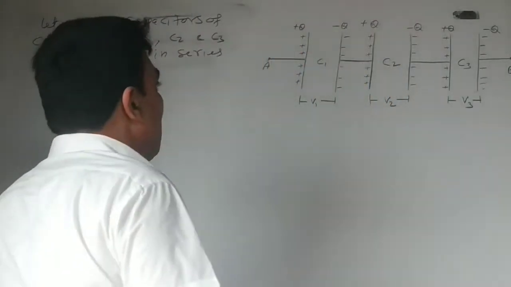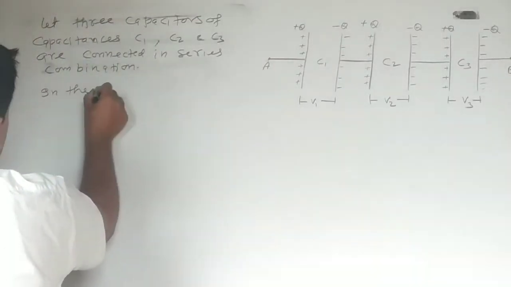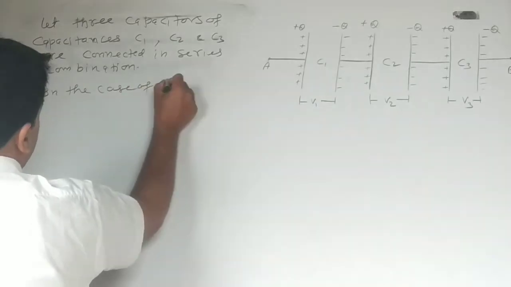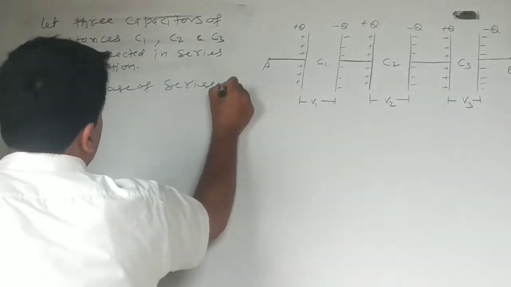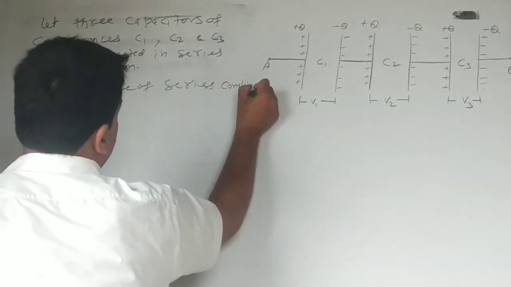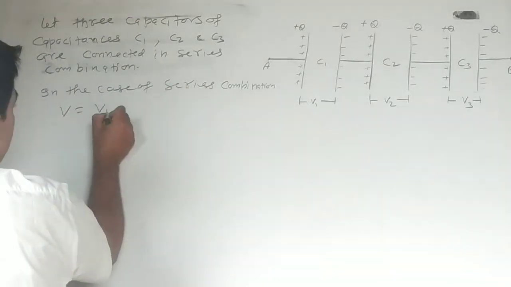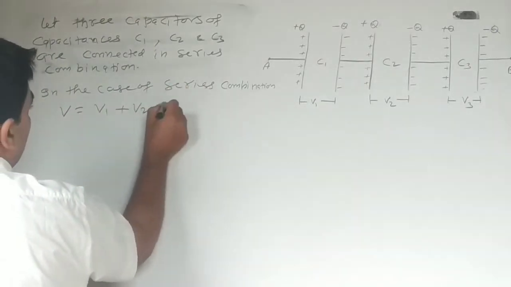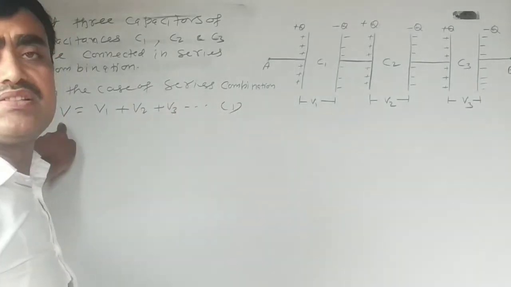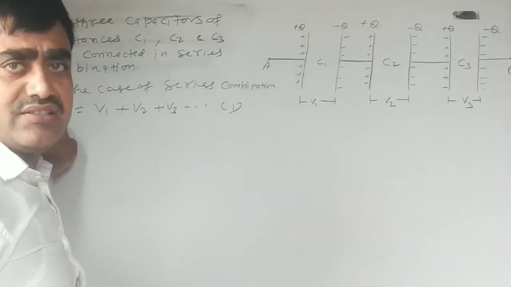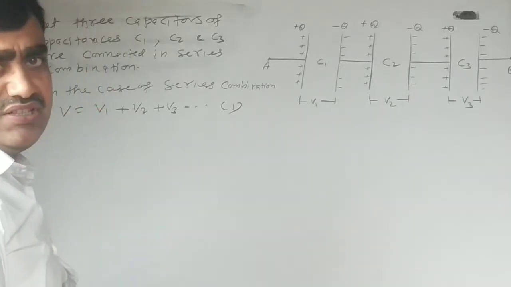In the case of series combination, V is equal to V1 plus V2 plus V3. This is equation 1, where V is the equivalent or resultant potential difference of all capacitors.